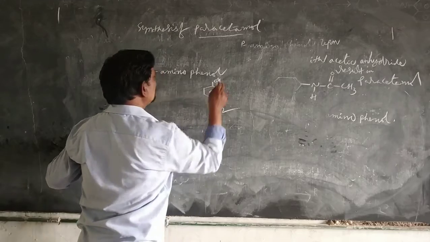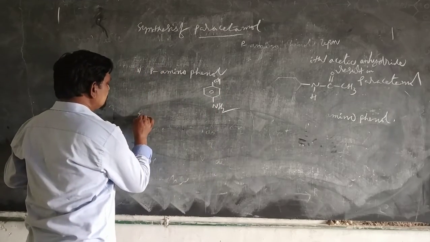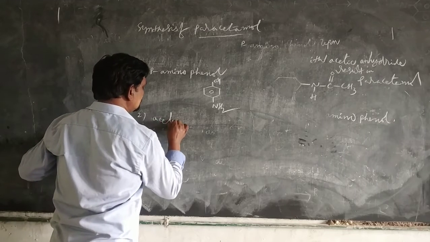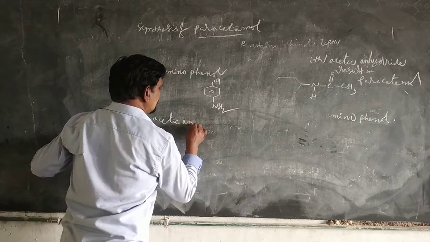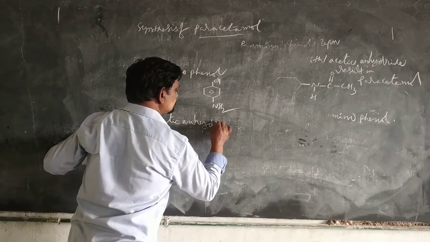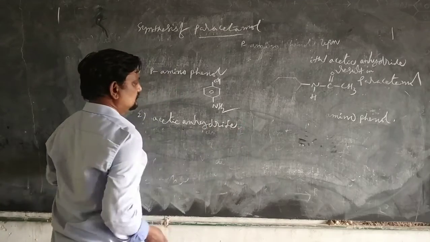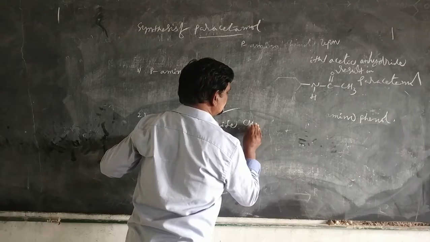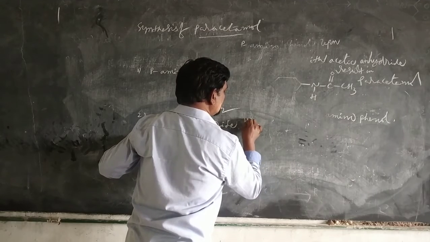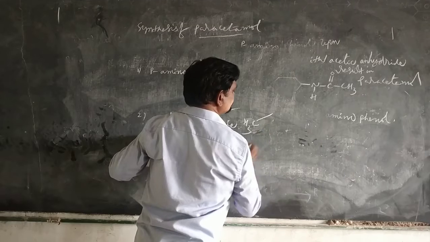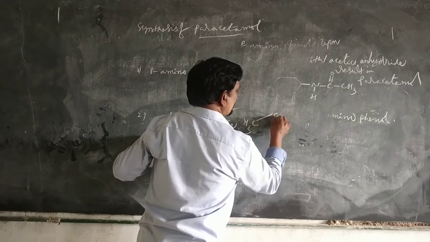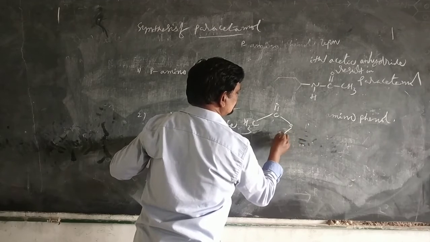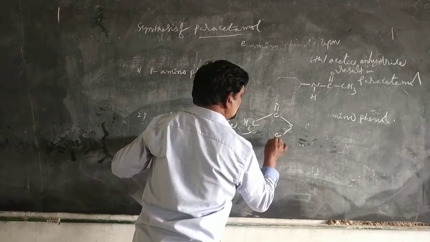And another one, acetic anhydride: CH3CO, O, CH3CO.